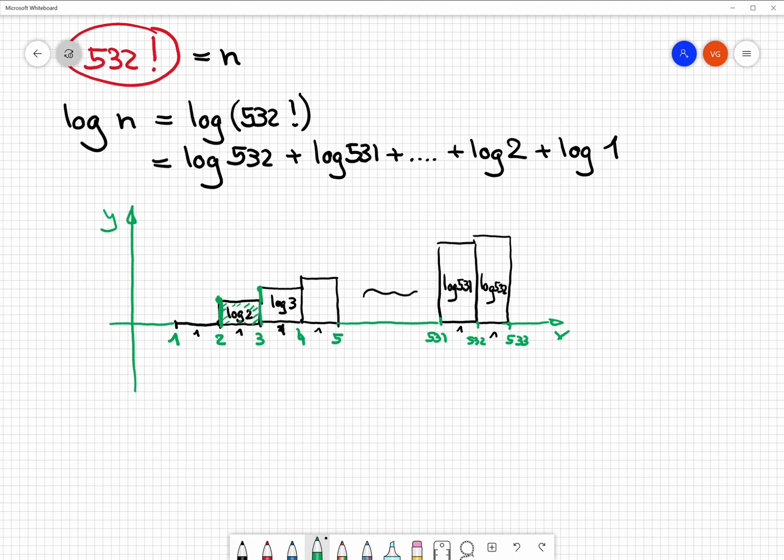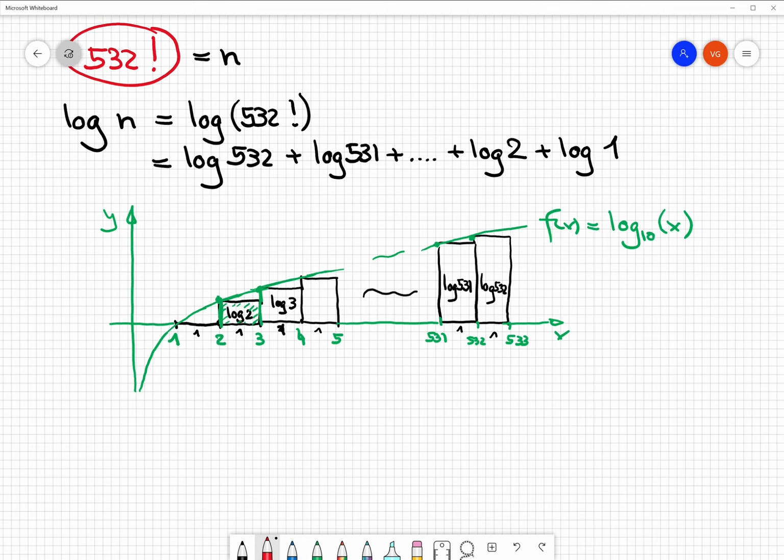So what we get is, if we connect all these dots, we get this situation here. You notice that this is of course the function f of x is logarithm in base 10 of x, and I think it has become pretty clear what we are going to do.